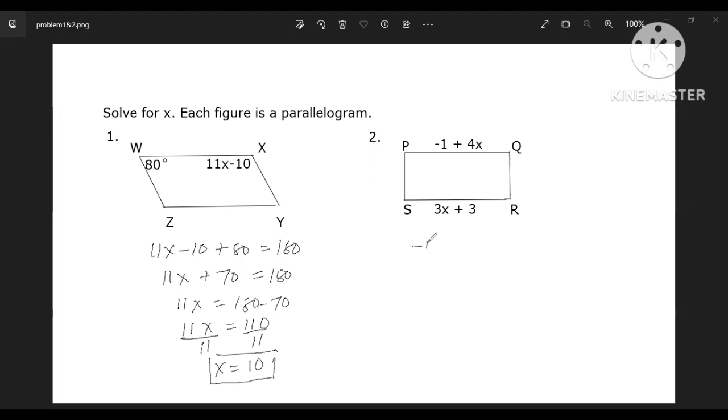So we have negative 1 plus 4x is equal to 3x plus 3. Combining like terms, we have 4x minus 3x equals 3 plus 1, di ba? Therefore, x is equal to 4. O, ganun lang siya kadali, no? And that's it.